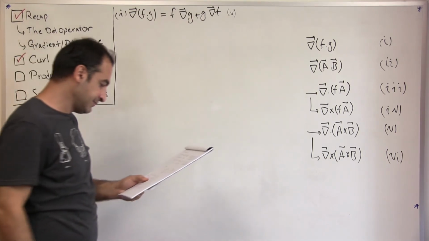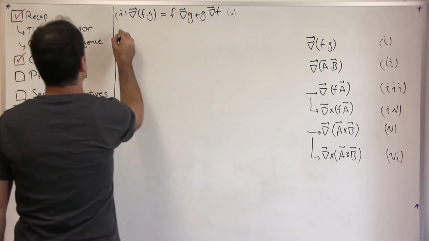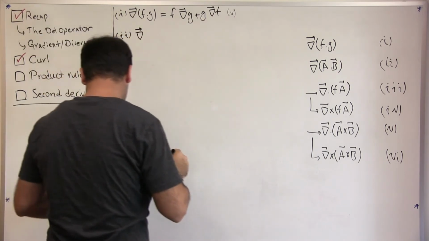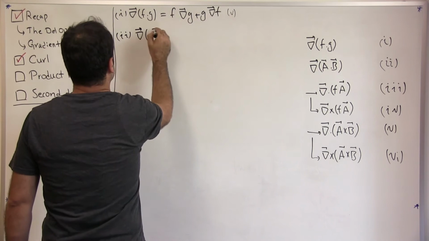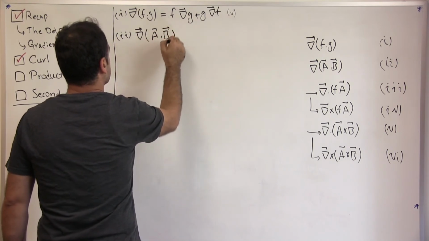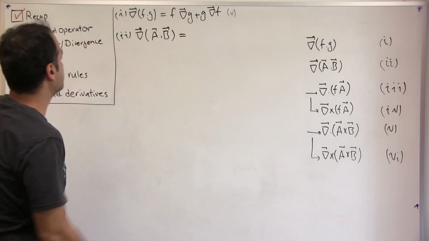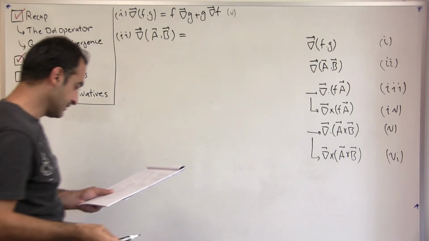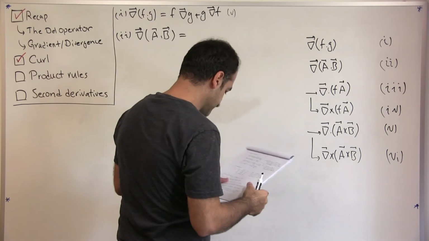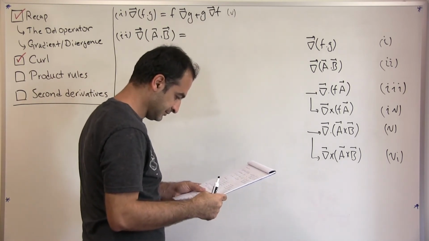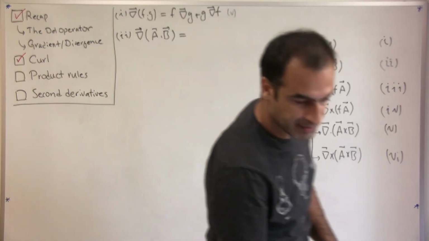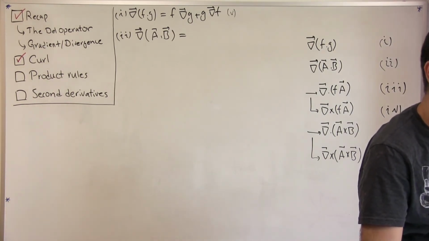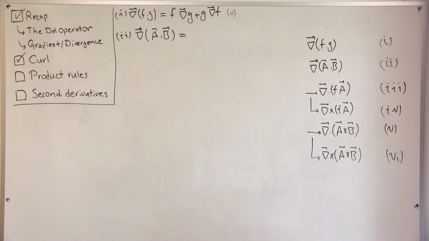And the second term we have is the gradient of the dot product A dot B. Okay, so we have gradient of a scalar field and it's going to be a vector as well. Okay, so let me double check my solution here. Give me a minute, I'm gonna check.